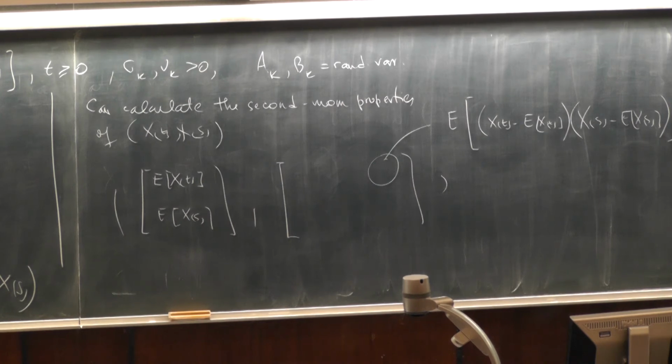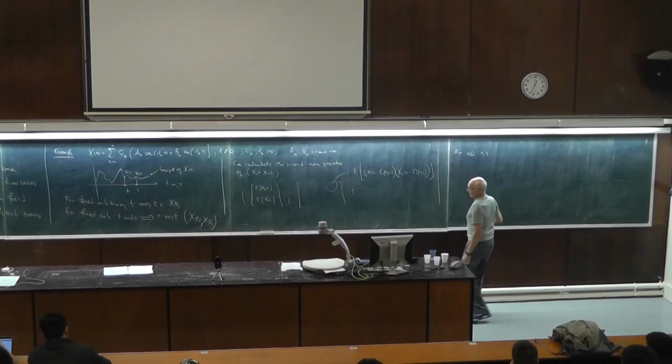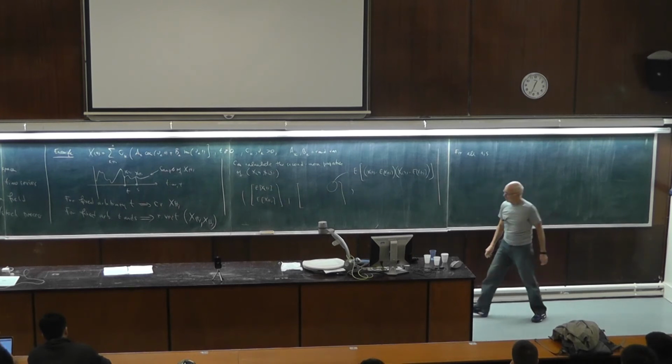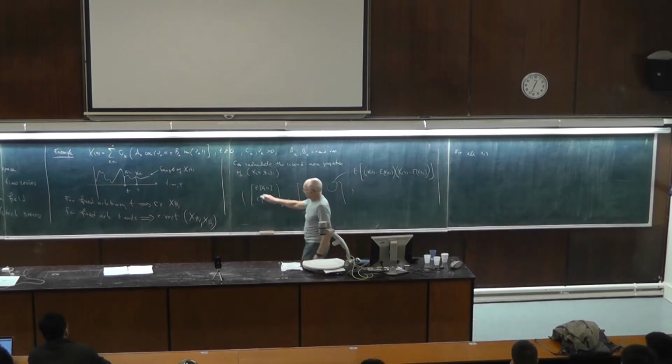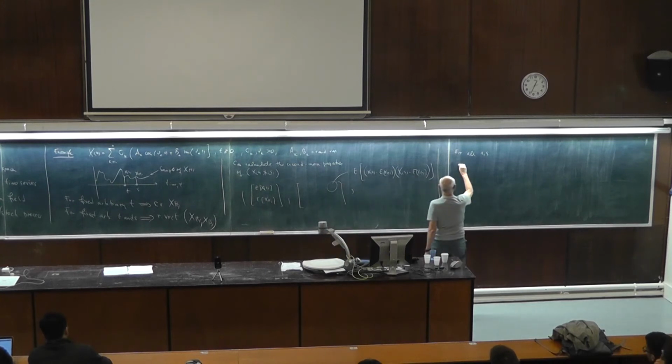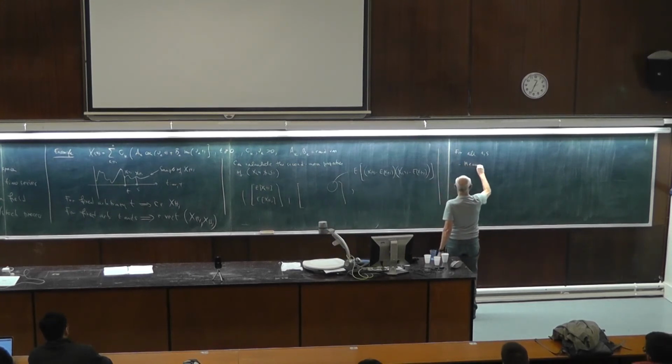Now let them run over the entire domain. So right now if I do it for all times t and s, this quantity becomes a function of time, right? Then we have the mean function.